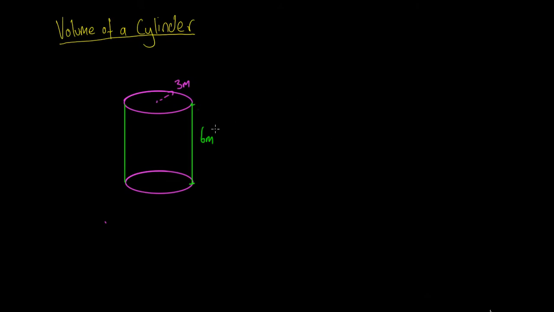When we're looking at any uniform cross-section shape, or any shape which is the same from its top down to its bottom, we know that the volume is given by this general formula: the area of the base multiplied by the height of the shape.